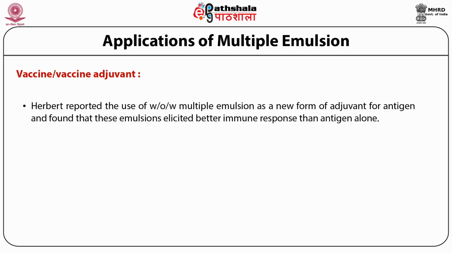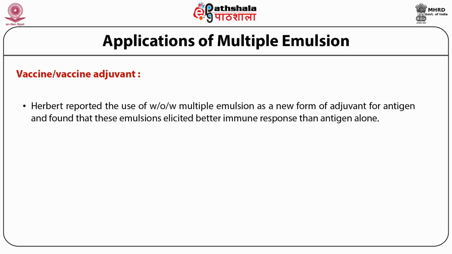Rishendra and Jaiswal developed a multiple emulsion vaccine against Pasteurella multocida infection in cattle. This vaccine contributed both humoral as well as cell mediated immune responses in protection against the infection. It was concluded that this multiple emulsion based vaccine can be successfully used in effective control of hemorrhagic septicemia.